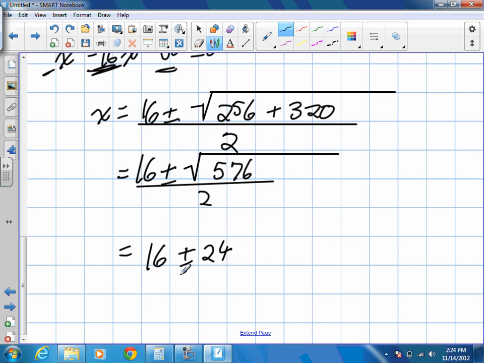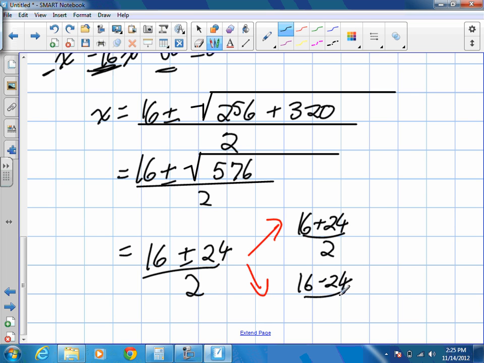We then have to do what? Split this equation. 16 plus 24 divided by 2. And 16 minus 24 divided by 2. 16 plus 24 is 40 divided by 2 is 20. 16 minus 24 is negative 8 divided by 2 is negative 4. Is that right? Great.